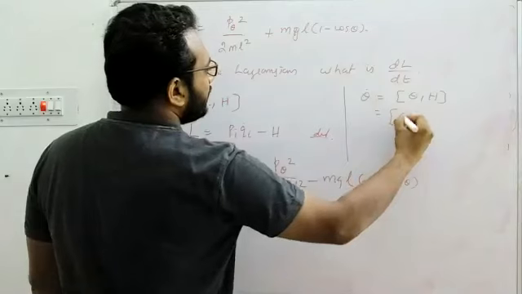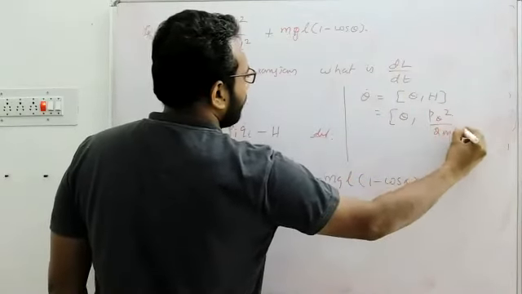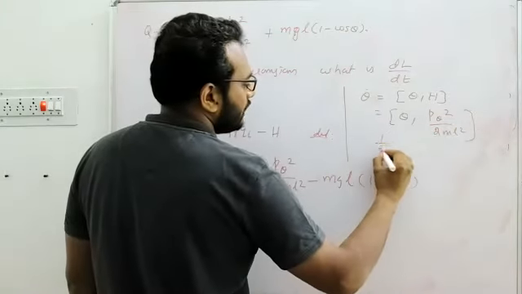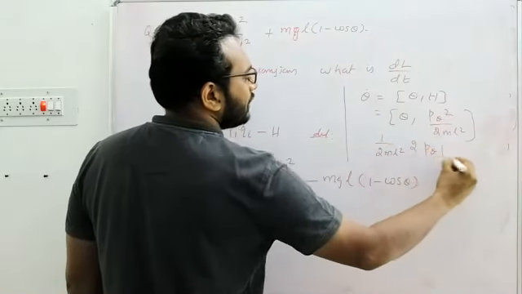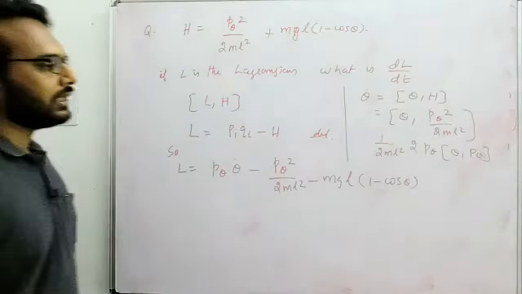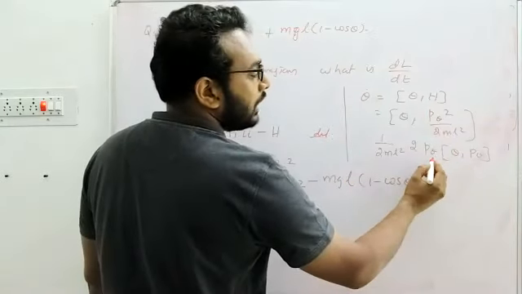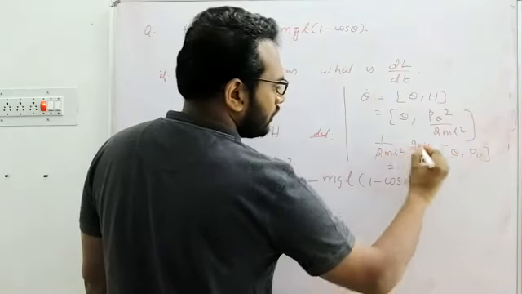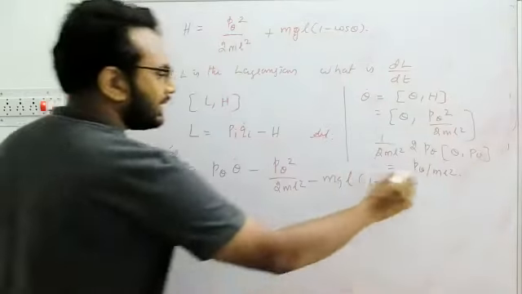So that's equal to {theta, p theta square by 2ml square}, because the other term is 0. So this is 1 by 2ml square, and {theta, p theta square} is 2 p theta {theta, p theta}. We are using that result from before, or you can just try it. {theta, p theta} is 1, so theta dot is p theta divided by ml square.